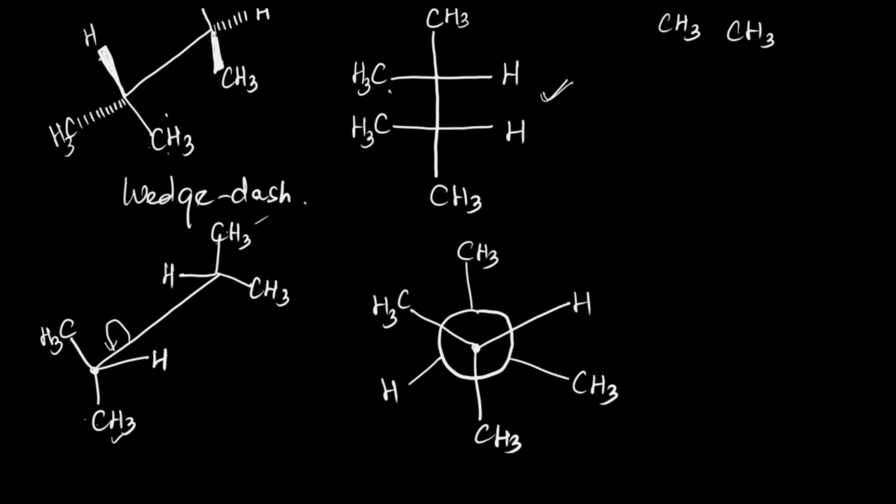Okay, so this is as simple as that. You can work on 2-bromo-2-chloro-butane, and let me know if you face any problem while doing the 4 other projections for this compound.